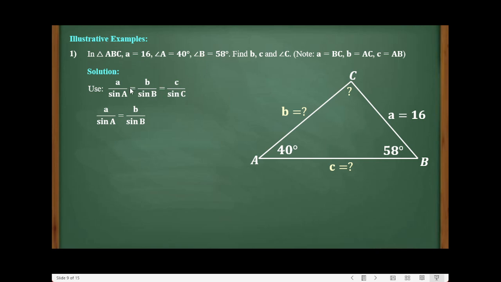So, side small letter A is given as what? 16. Angle A right here is given as 40, and angle B is given as 58. And we're going to solve for side small letter B. So, that's the reason why we need to retain these two ratios and we take away this one for a while.